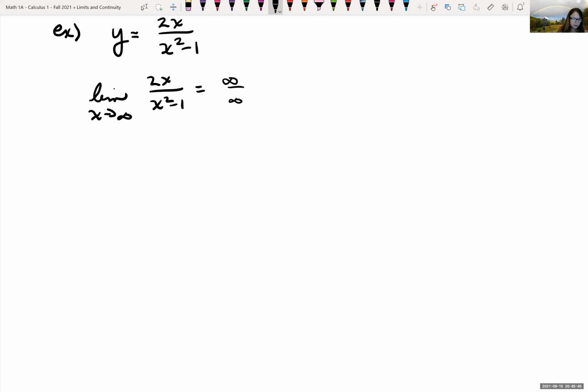And so this is where we manipulated this so that we wouldn't get this indeterminate form. We did that by looking at the terms on the denominator and figuring out the degree, in this case 2. So we're going to multiply by a fancy 1. And that fancy 1 is 1 over x raised to that degree in the denominator of the highest term, which is the 2. So 1 over x squared all over 1 over x squared.